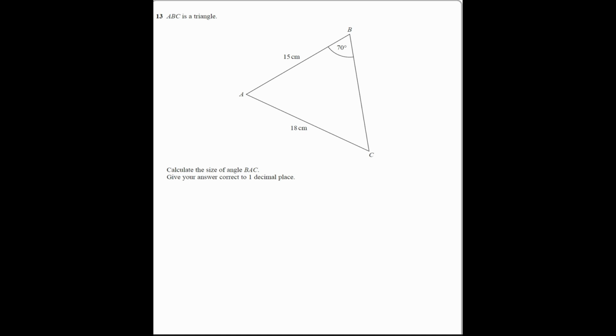So first we have to label the triangle. This is our angle A, and opposite to this angle we have side a over there. Angle A and side a are not given. Angle C is not given, but side c is given as 15 centimeters. Angle B is given as 70, and side b is given as 18 centimeters.